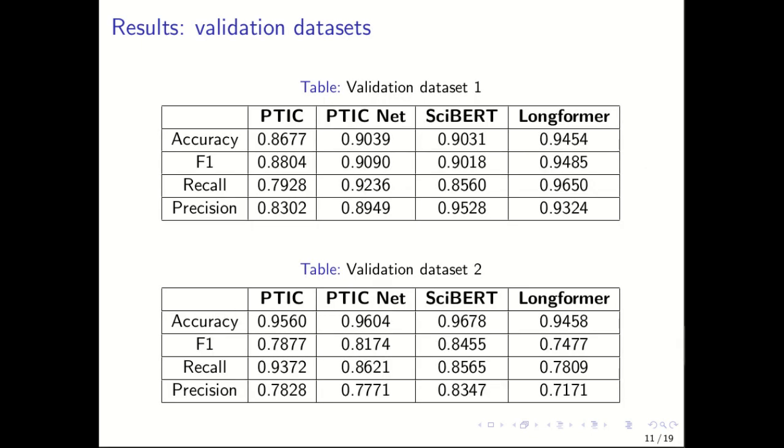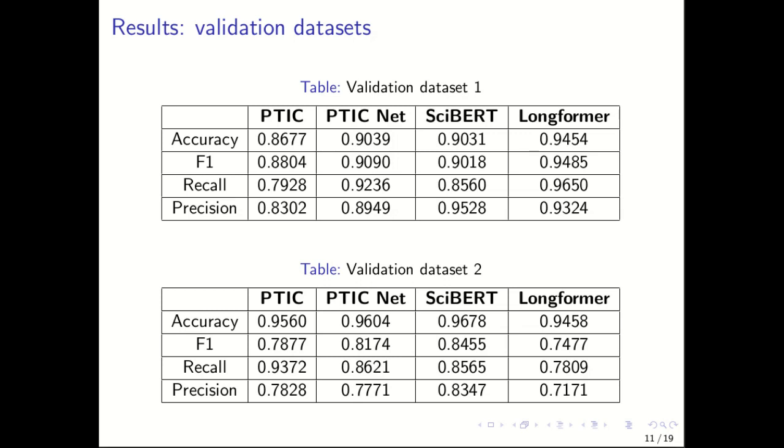The results for the validation datasets are much different than on the initial set due to different portions of positive examples. Longformer has the best performance on validation set 1, where we have an equal amount of negatives and positives, but it drops significantly on more unbalanced datasets such as set 2 and 3.